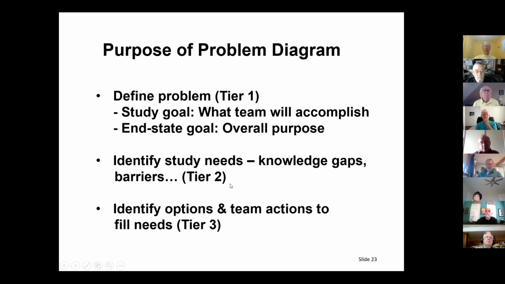These tier 2 are where our knowledge gaps, our barriers that keep us from getting to the study goal. And the tier 3 are really the actions to take to overcome these study needs and knowledge gaps. So it's pretty straightforward, really, in that sense.